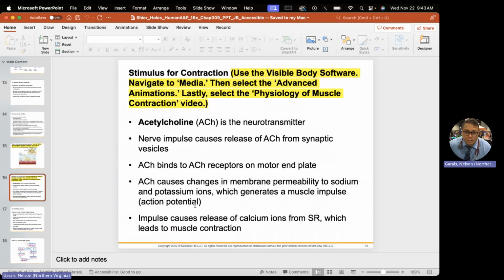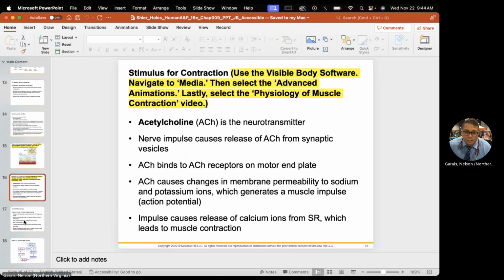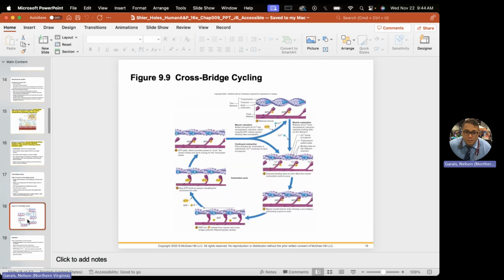This part here on the end is called the motor end plate, or the postsynaptic area, and the space in between the nerve and the muscle is called the synapse, synaptic cleft, or synaptic gap. Cross-bridge cycling, we saw the video of it. Here's slide 18, a nice representation of it.